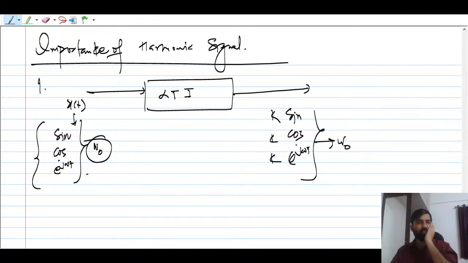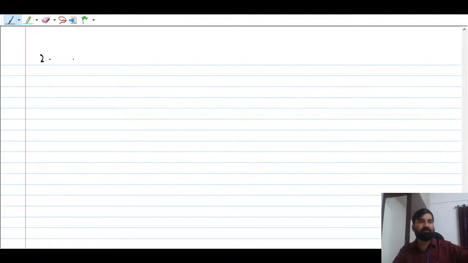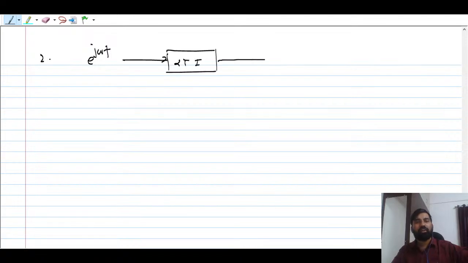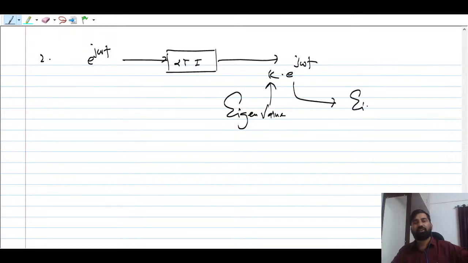So this property: suppose you are giving e raised to power j omega t to the LTI system. This comes out to be k times e raised to power j omega t, right? This k is nothing but what we call the eigenvalue, and this is nothing but what we call the eigenfunction.